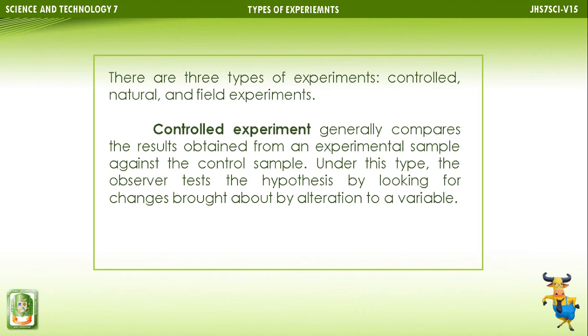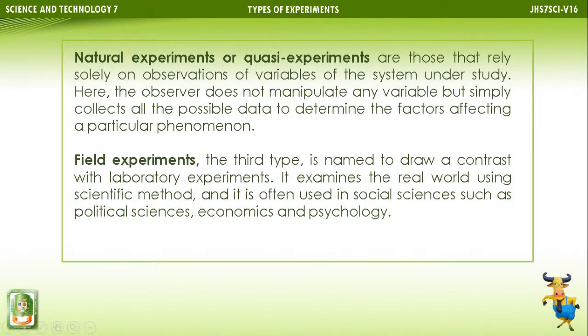Controlled experiment generally compares the results obtained from an experimental sample against the control sample. Under this type, the observer tests the hypothesis by looking for changes brought about by alteration to a variable. Natural experiments or quasi-experiments are those that rely solely on observations of variables of the system under study. Here, the observer does not manipulate any variable, but simply collects all the possible data to determine the factors affecting a particular phenomenon.